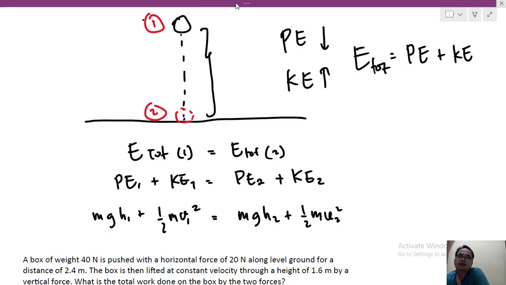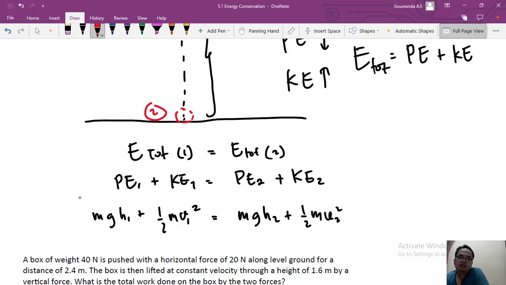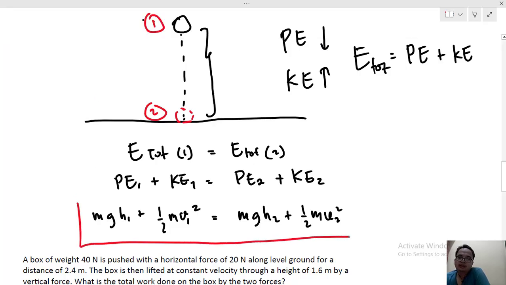This is the conservation of energy. It means the total energy at every point remains constant.